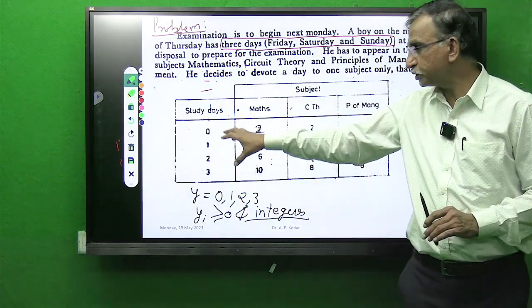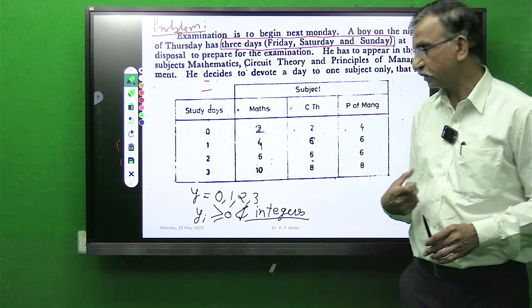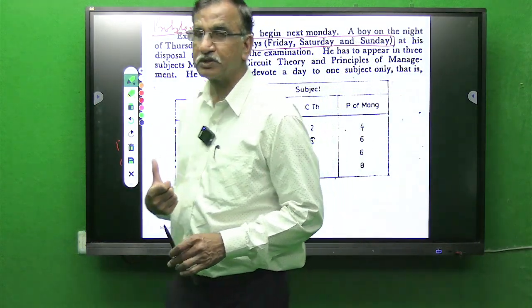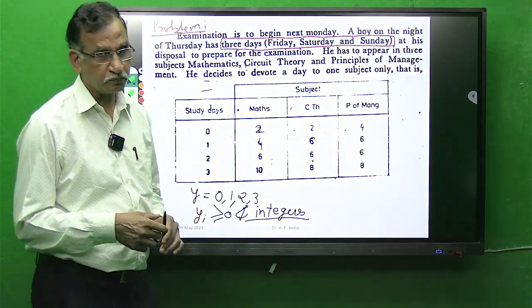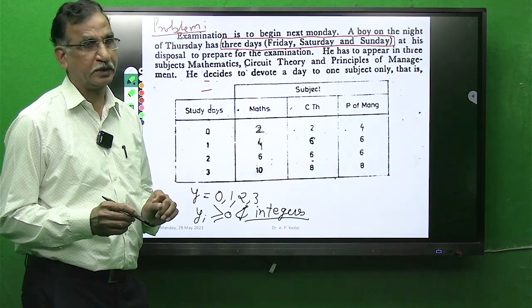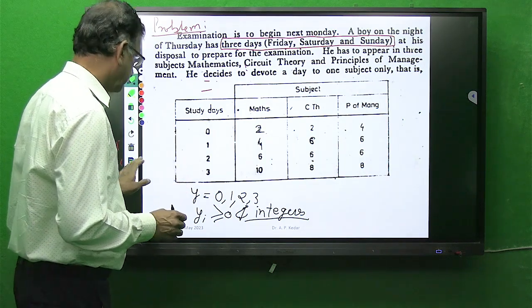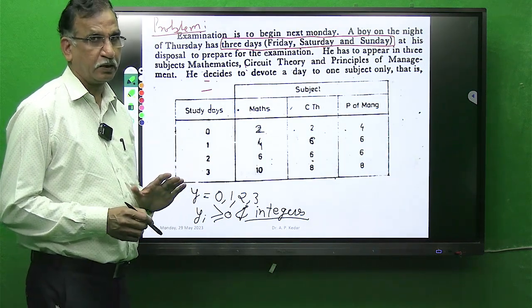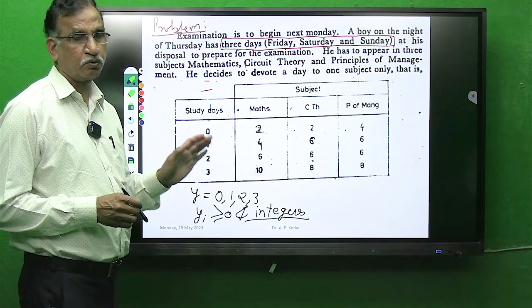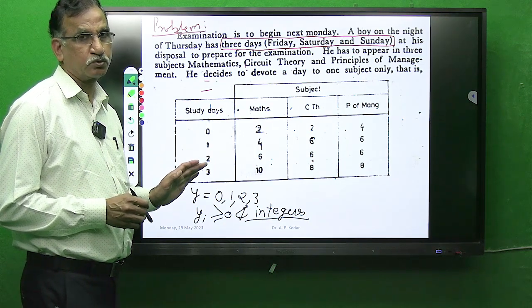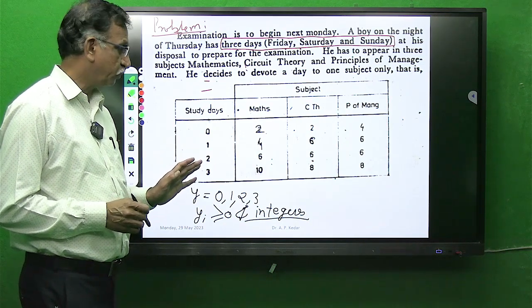So from this data we have to smell that the problem belongs to the discrete category. How to proceed? Not by the calculus method; we will find the solution by dynamic programming.